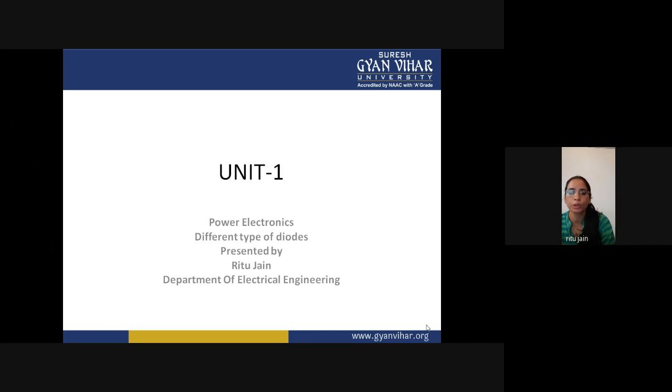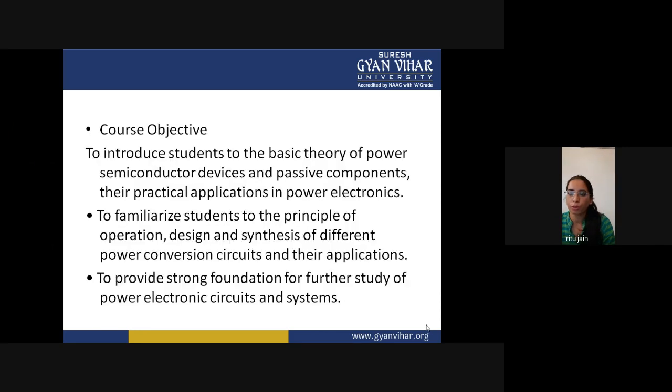Before going into this lecture, we want to discuss the course objective. The objective of this lecture is to introduce the students to the different kinds of semiconductor devices and different kinds of diodes, the construction of a diode, and how it behaves when it is used for switching.